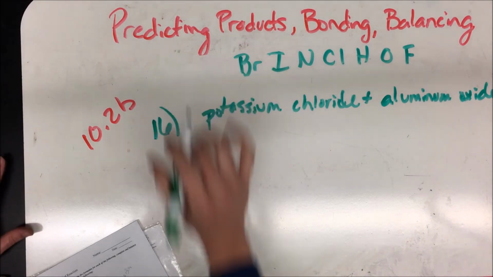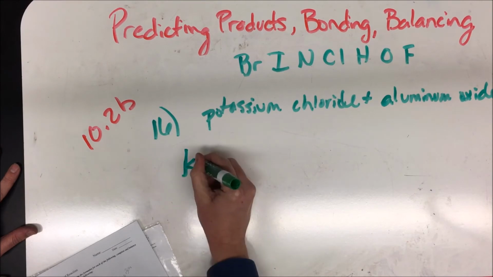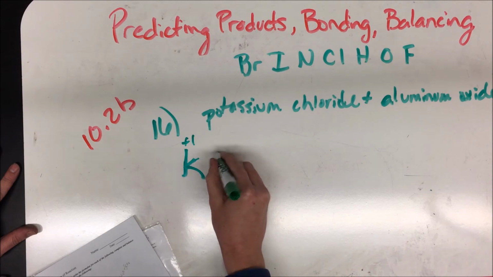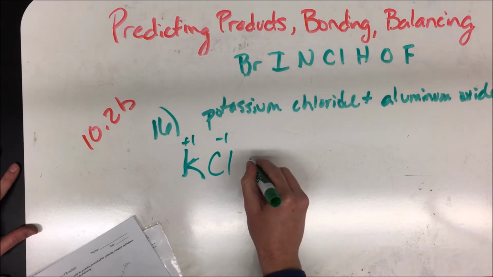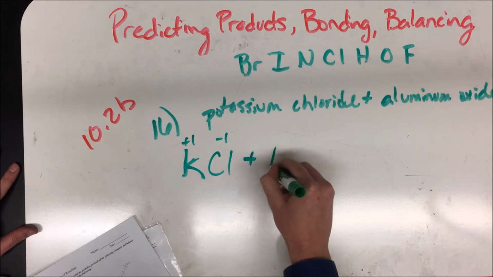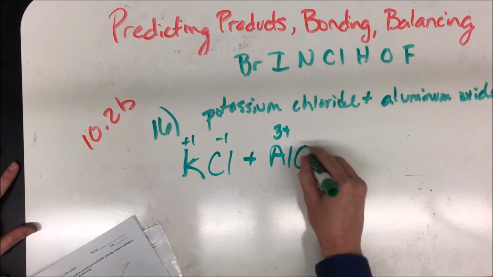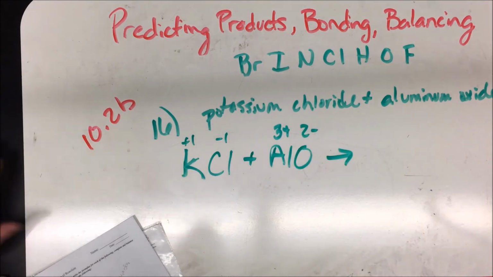But I'm going to go ahead and do step 1. I'm going to predict my products. Well, potassium is K, and that has a +1 charge to it. Chlorine has a -1 charge when it becomes an ion, therefore chloride. Aluminum is a +3, and oxygen or oxide is a -2. And then I have to predict my products.